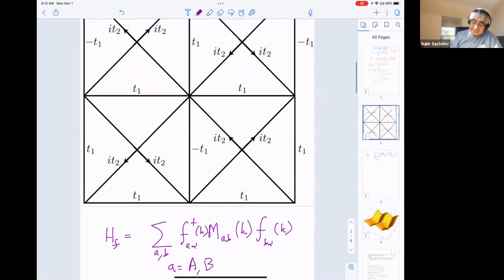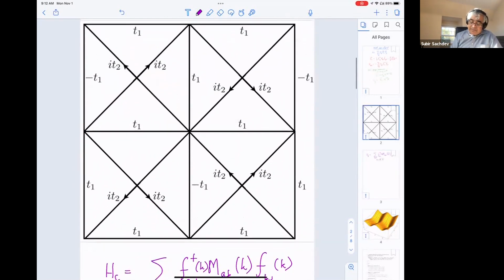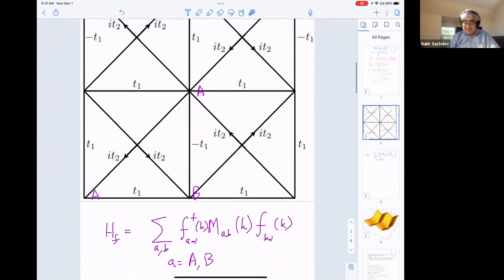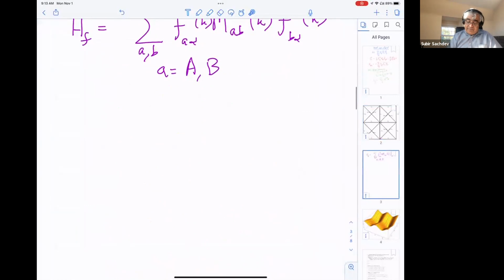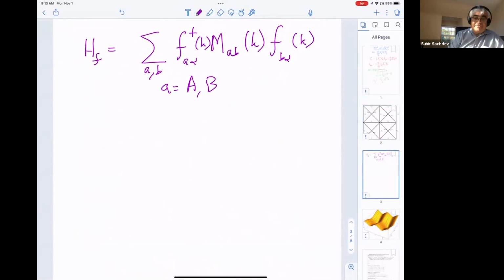And I've chosen this ansatz here so that everything has a periodicity of translations along the diagonal. So if this is my A sublattice, then that's a B sublattice. And you can just notice that the environment around this A is the same as the environment around that A. They're exactly the same. So it has a double unit cell, and there's two sites per unit cell. And that's also going to be important for what I want to talk about. So this M_AB, let me just write it down for you.